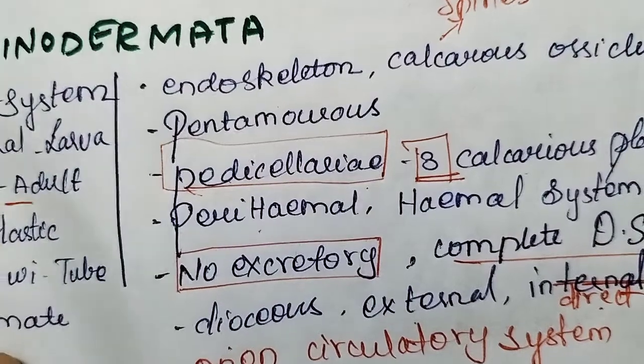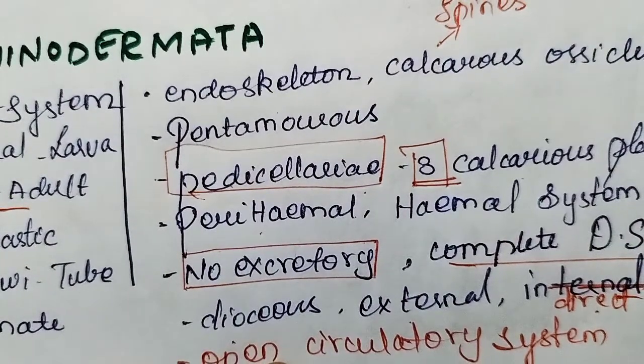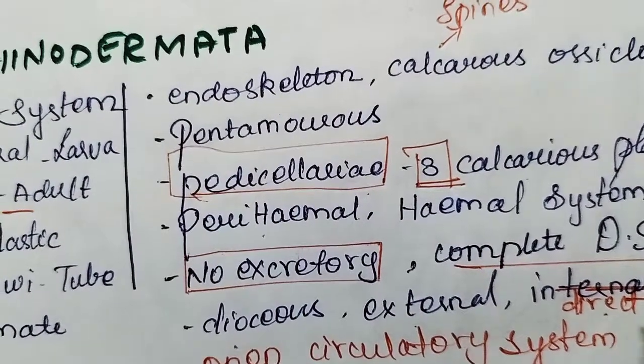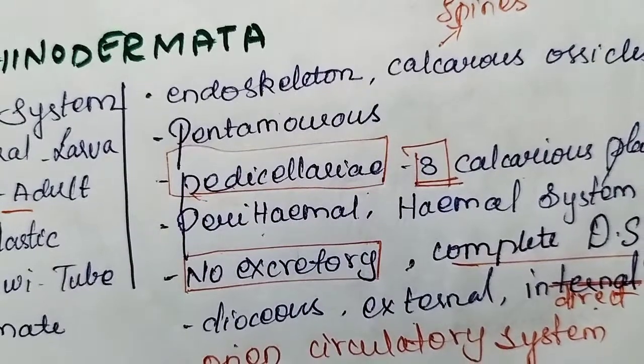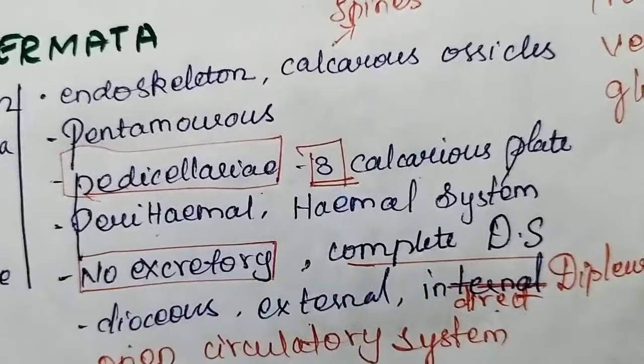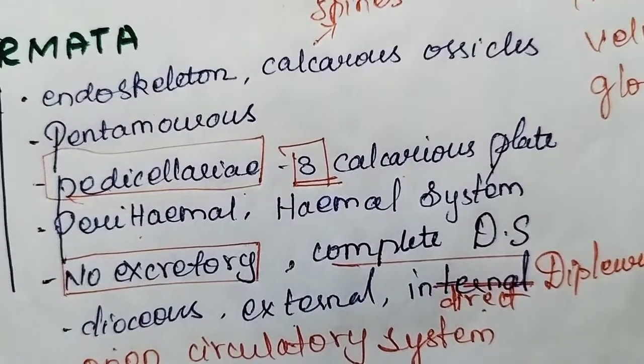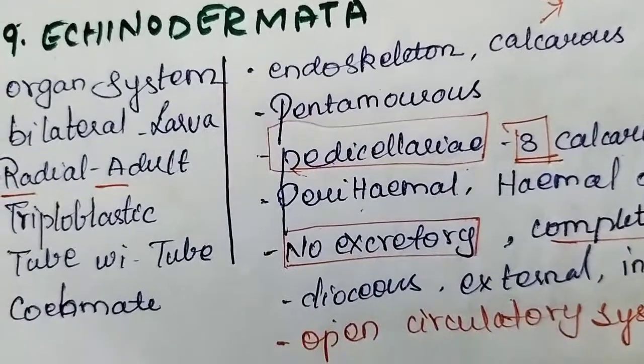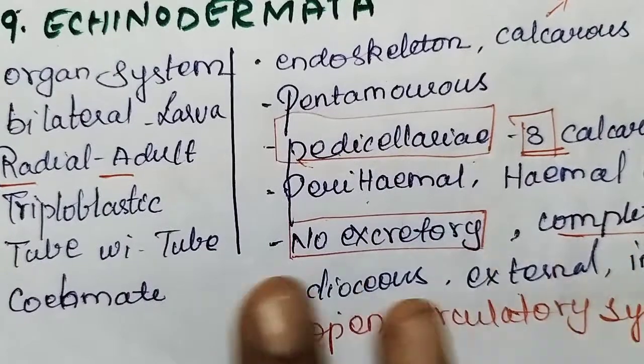The best example of a larva stage is the dipleurula.